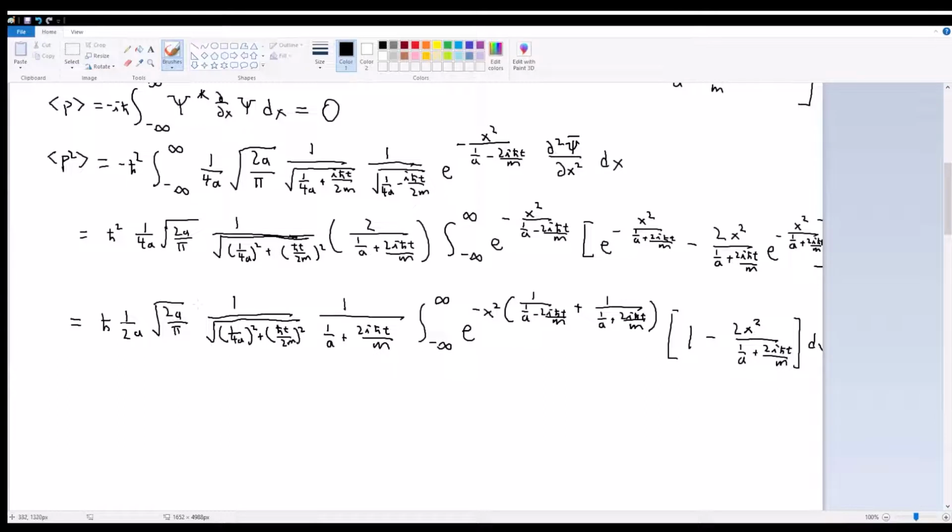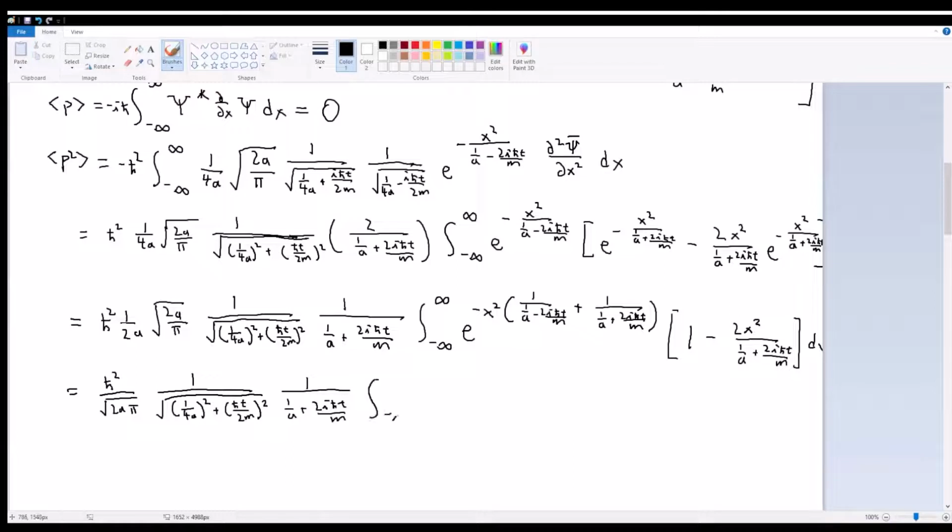So let's start a little bit slow by just doing some simplifications. So we have the square root of 2a at the top and a 2a at the bottom. So this is going to give us what? And I left out the square here. So we have h bar squared over the square root of 2a pi. And then we have 1 over the square root of 1 over 4a squared plus h bar t over 2m squared. And then we're multiplying this by 1 over a plus 2i h bar t over m.